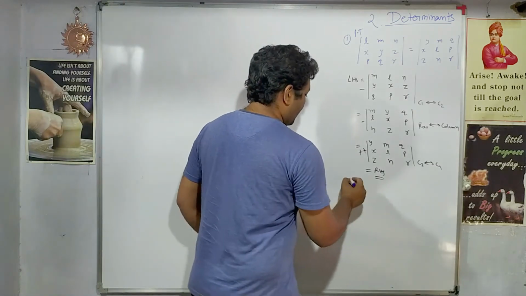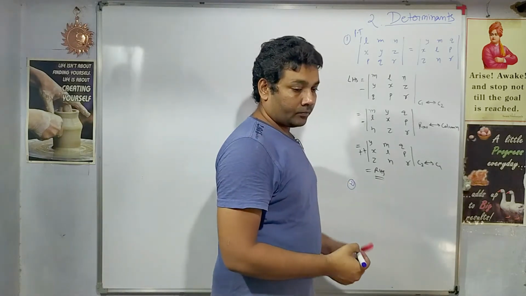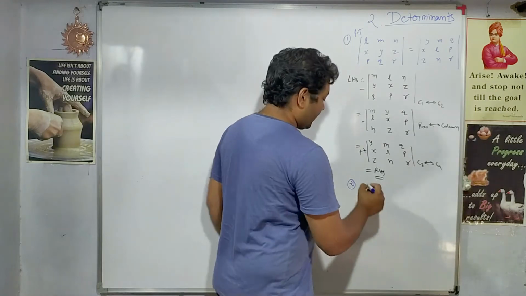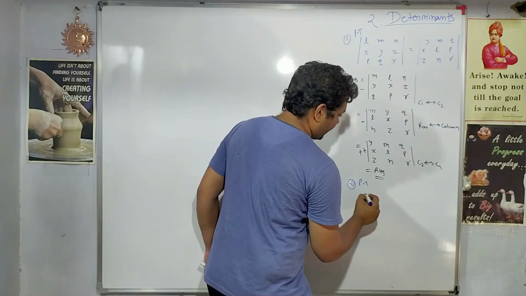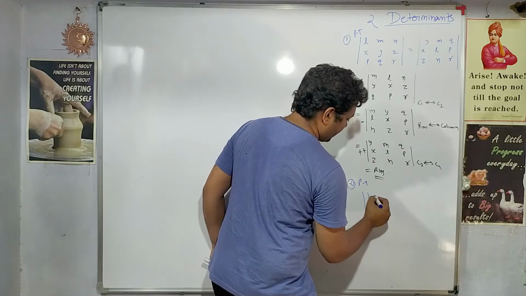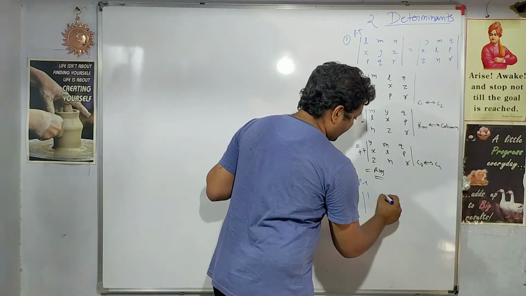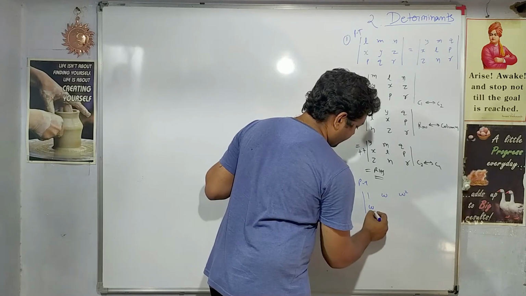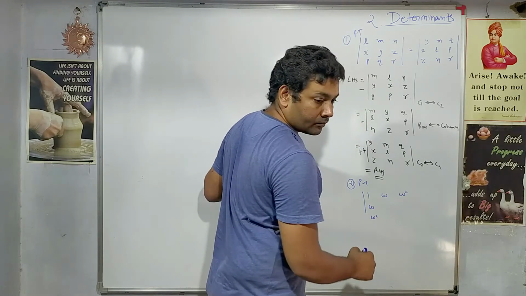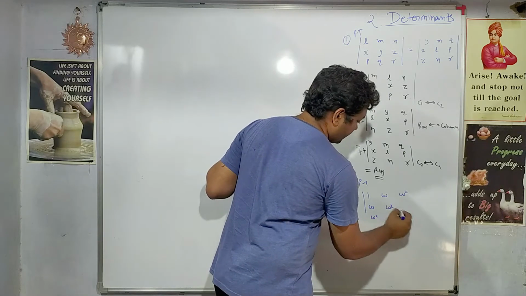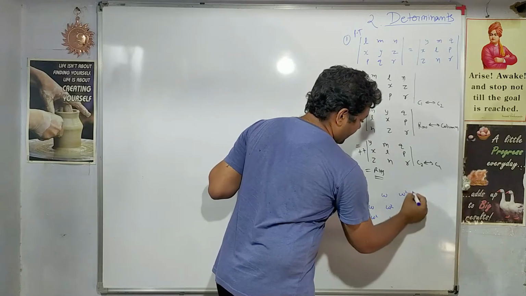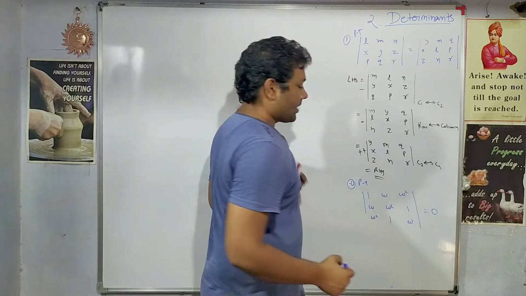Next, question number 2. Prove that. It is again a prove that type of question. Question says that 1, this is the question and we have to prove that this is 0.